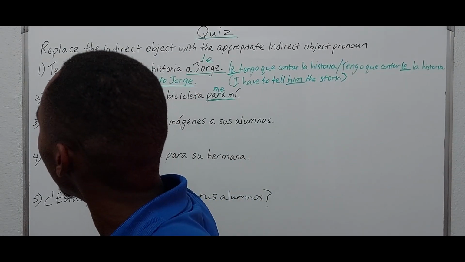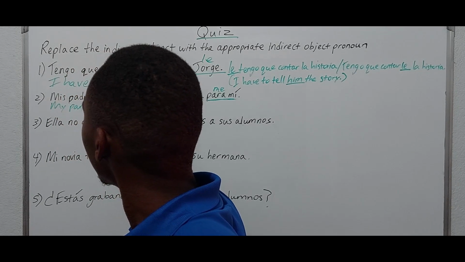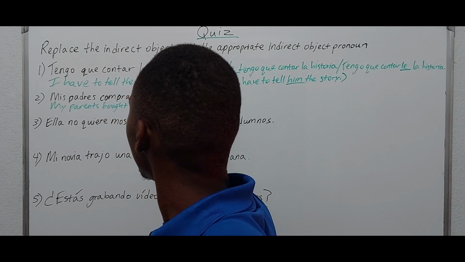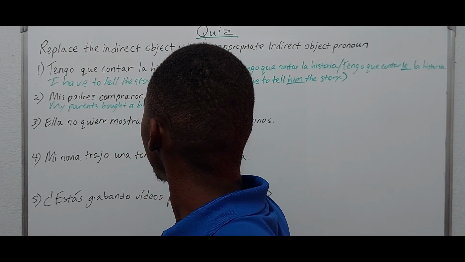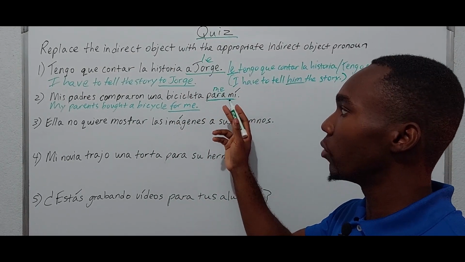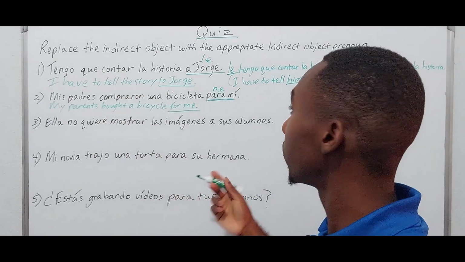So my parents bought a bicycle for me. Alright, and in this case, the indirect object pronoun will go before the conjugated verb. That's the only place it can occur here.